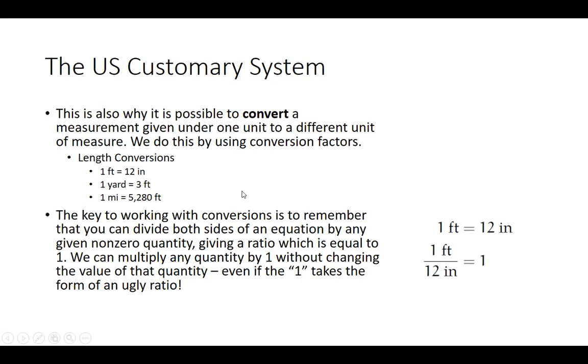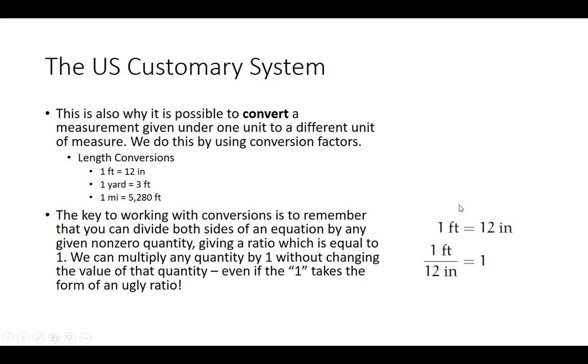The key to working with conversions is to remember that you can divide both sides of an equation by any given non-zero quantity, giving a ratio which is equal to 1. We can multiply any quantity by 1 without changing the value of that quantity, even if the 1 takes the form of an ugly ratio.